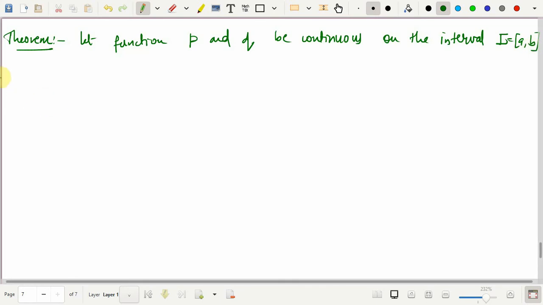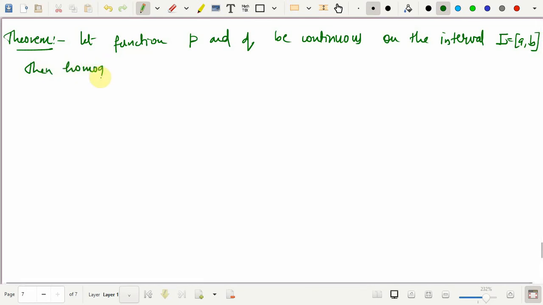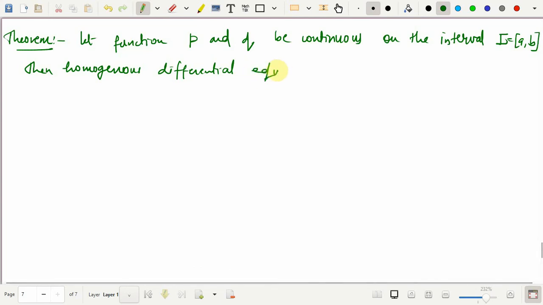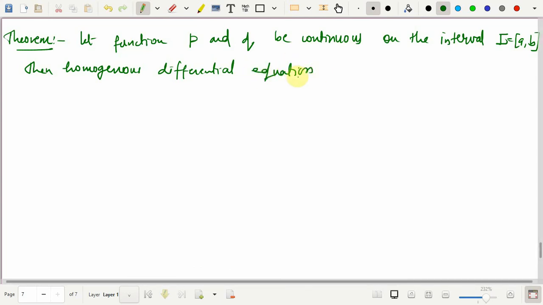The homogeneous differential equation, it's very important to note that we are talking only about the homogeneous differential equation in this theorem, and this is in fact a very important theorem.